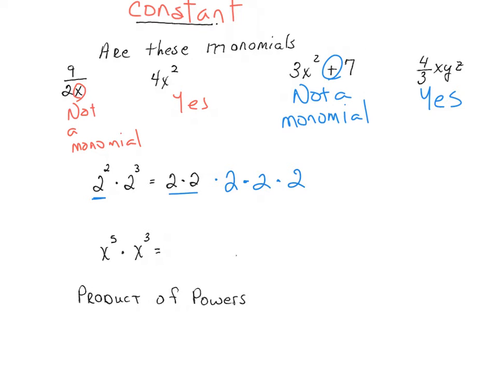This accounts for the 2 cubed. Now how many times is 2 a factor? We see that 2 is a factor 5 times. And notice if I add the 2 plus 3, those exponents, we get 2 to the 5th.